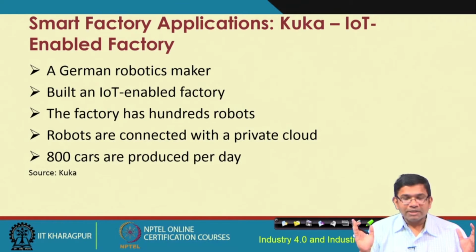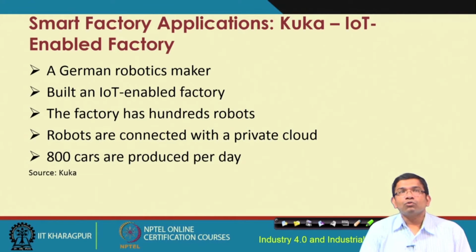IoT enabled connectivity between these different devices, sensors, connectivity and so on, all of these things have been enabled in KUKA. So, basically these robots are connected with a private cloud, and KUKA produces more than 800 units of these different devices per day.